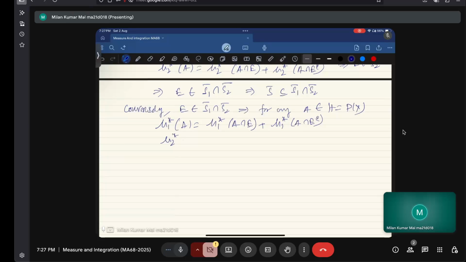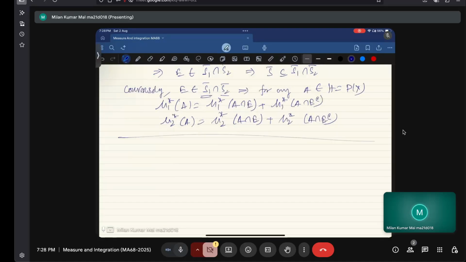Similarly, mu2 star A is equal to mu2 star A intersection E plus mu2 star A intersection E complementary, because E is in S1 bar and S2 bar both simultaneously. Now adding these two, we get mu1 star A plus mu2 star A equals mu1 star A intersection E plus mu2 star A intersection E plus mu1 star A intersection E complementary plus mu2 star A intersection E complementary.